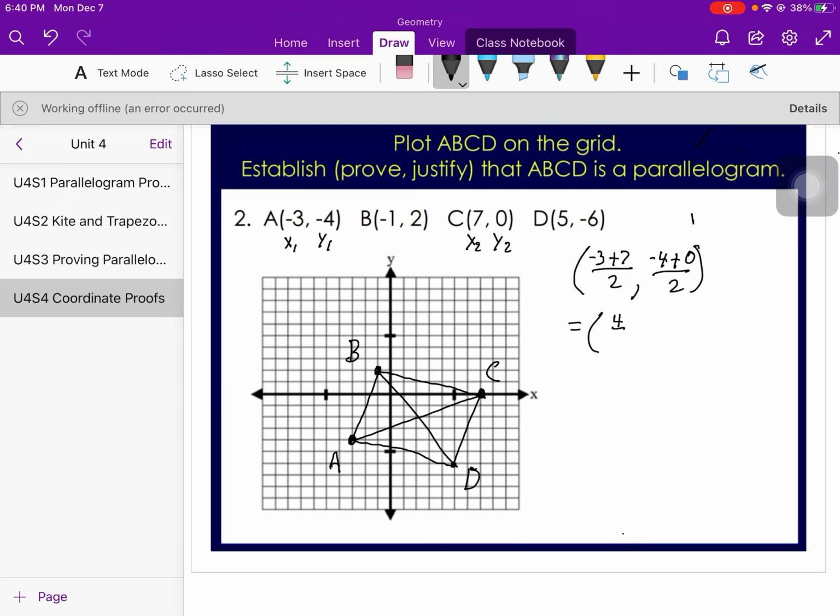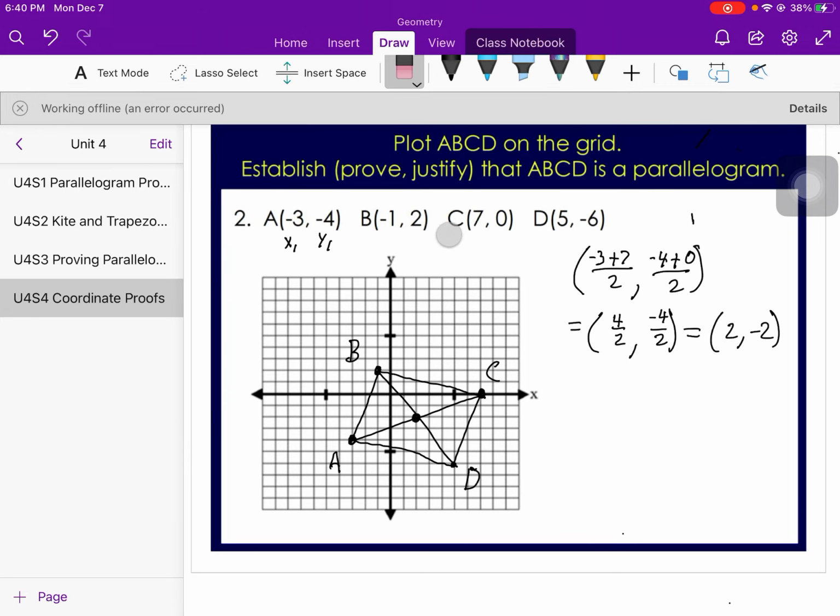Negative 3 plus 7 is 4 over 2. Negative 4 plus 0 is negative 4 over 2. And that equals 4 divided by 2 is 2. Negative 4 divided by 2 is negative 2. So there's one midpoint, which is this right here. We're really close to where we marked.